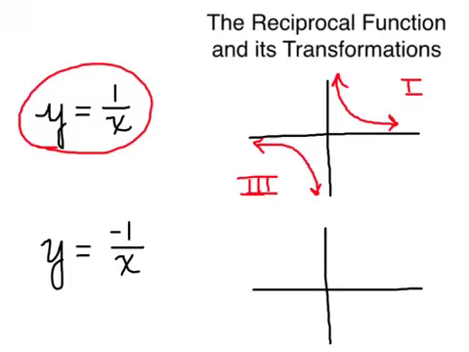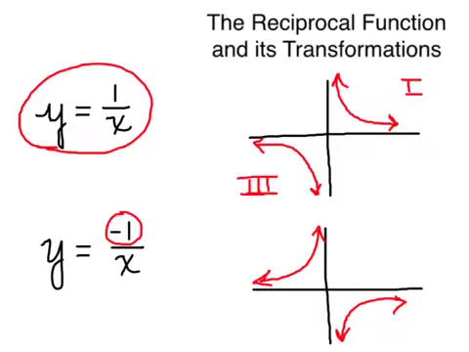Then, if you happen to make it negative, what will happen is that it actually flips over the x-axis. It's a vertical flip, and that would put it down here and up here. Each part that's separate is called a branch.